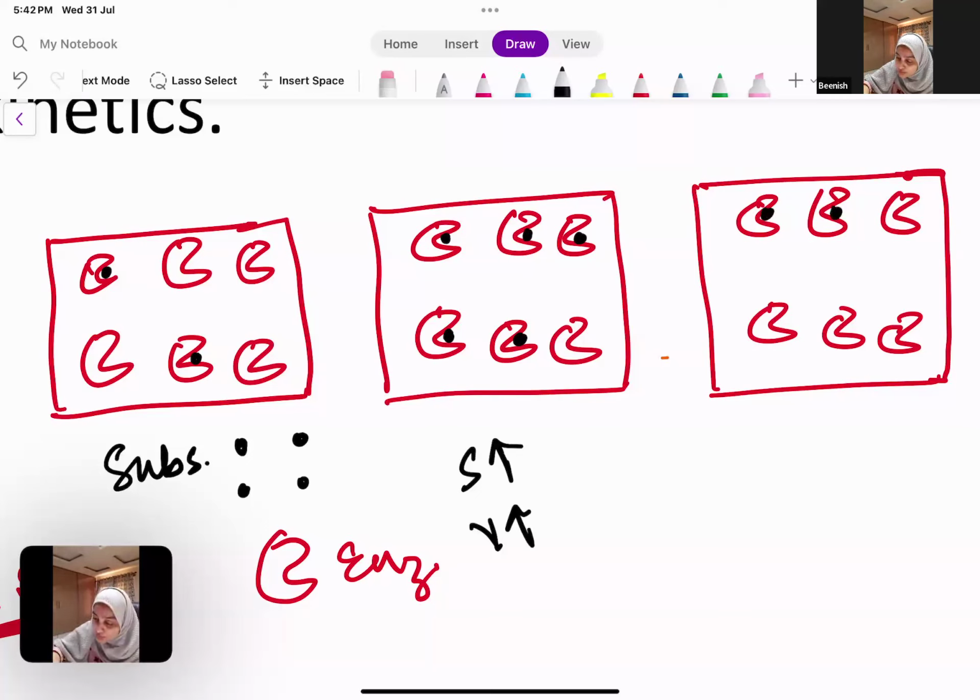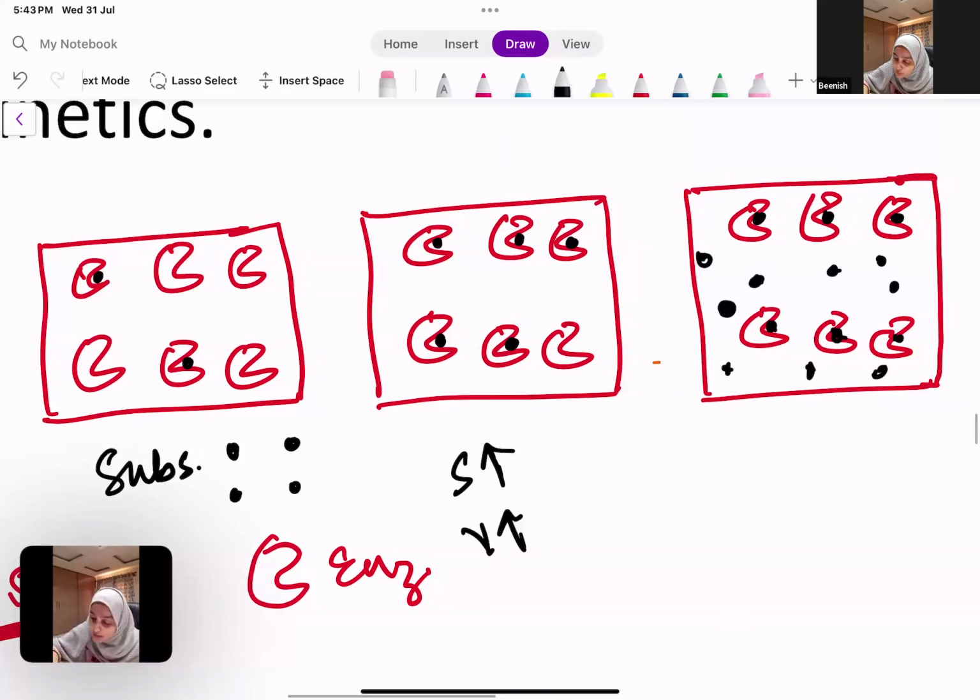Now what happens on increasing the substrate concentration to such a level that all your free enzymes are already bound or saturated with substrate? So all the free enzymes have converted into enzyme substrate complex. So now there are no free enzymes to bind to substrate. This is where the substrate saturation point has been reached, and this is where your plateau phase occurs.